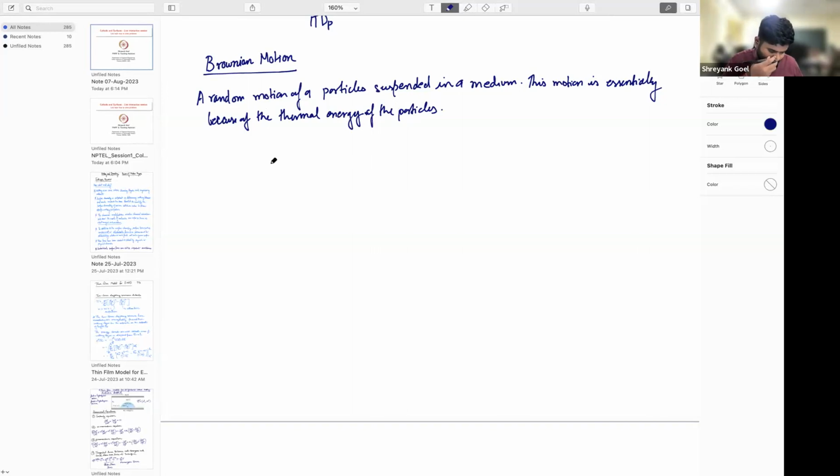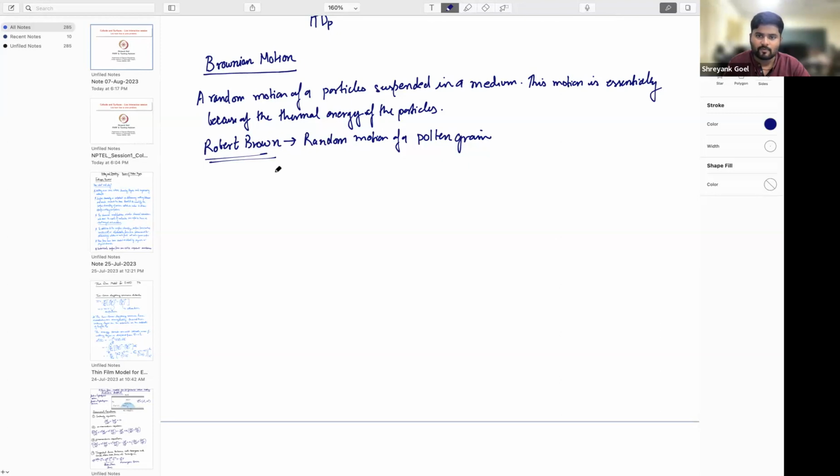Robert Brown was the scientist who observed this random motion of pollen grains. Why was he able to observe this kind of motion?